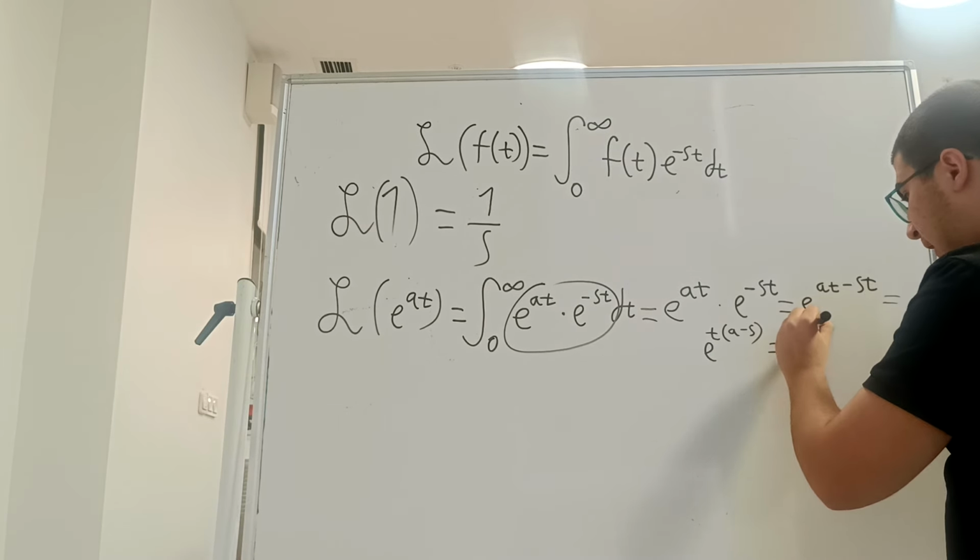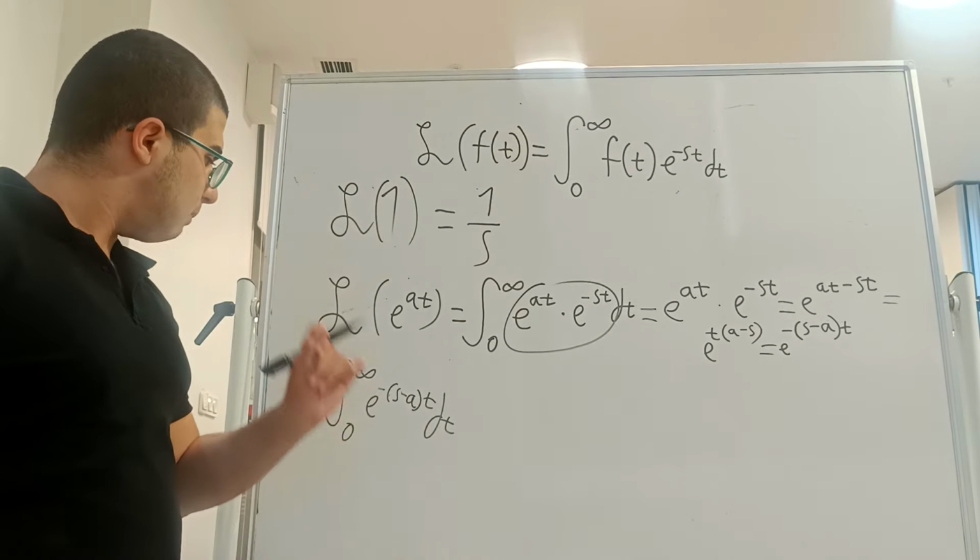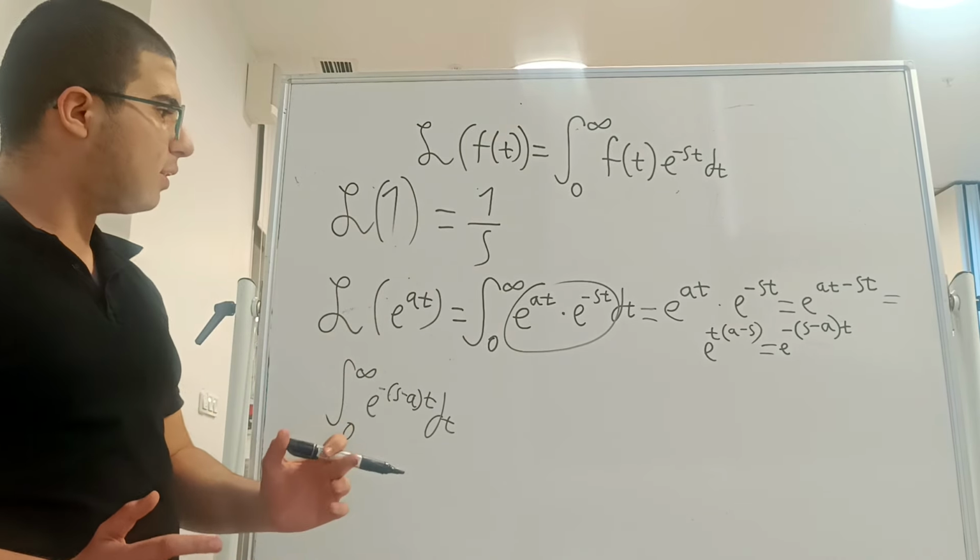That's e to the minus s minus a times t. Let's rewrite the integral from 0 to infinity of e to the minus s minus a times t dt. Why did I do this? To integrate it more easily.